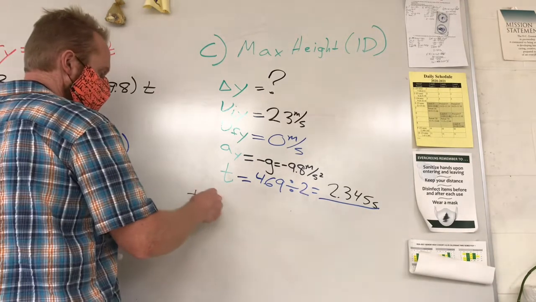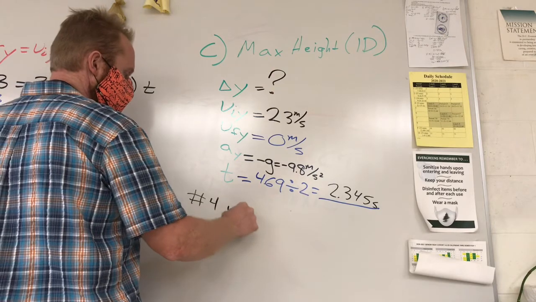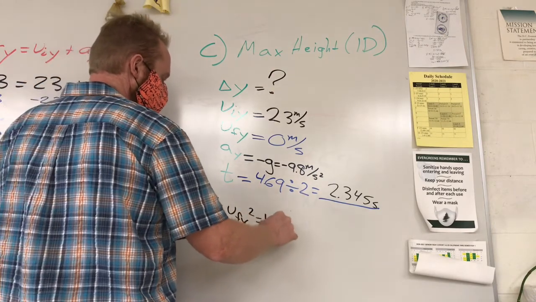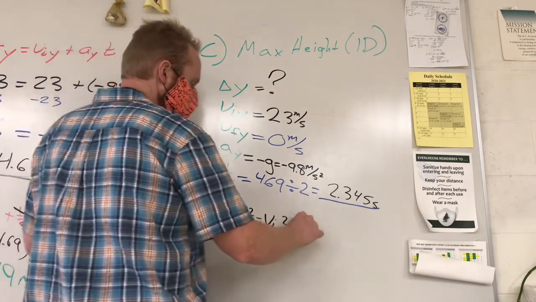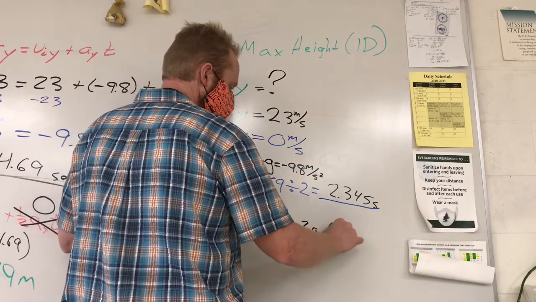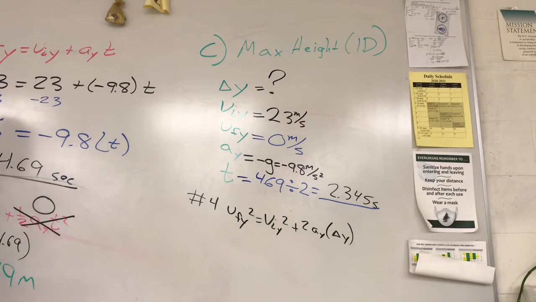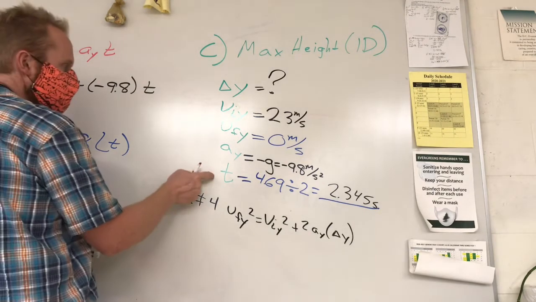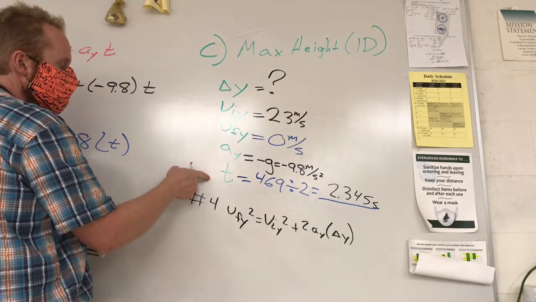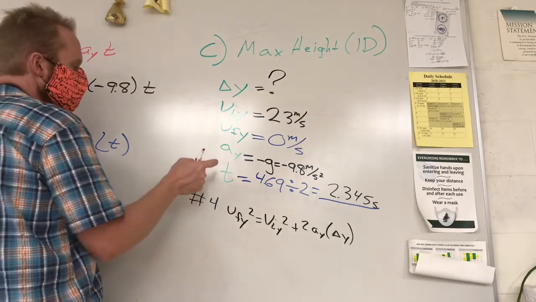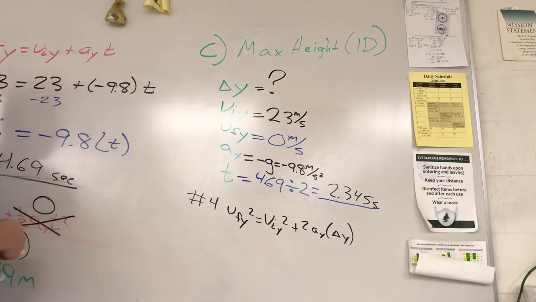You could use equation number 4 that says VFY squared is equal to VIY squared plus 2AY times delta Y. We could do that. The other thing we could do is, because we know time, we could use equation number 3 or equation number 5, if we wanted to.